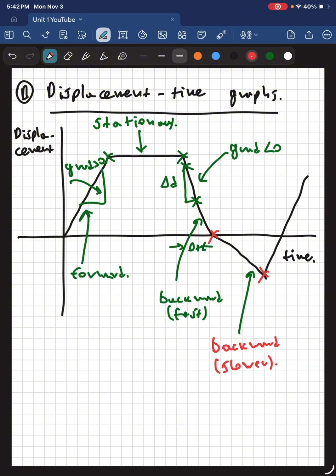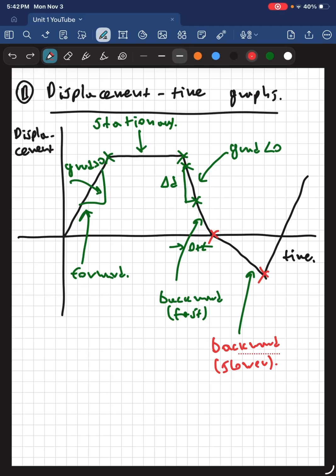How do I know that? Because the slope is negative. And then the slope abruptly becomes positive again. This is not realistic. Maybe there should be a part here where it stops, but I didn't do it that way anyway.